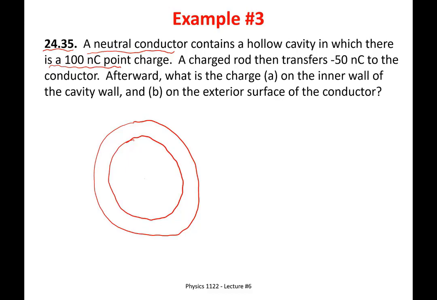And we have placed a point charge in the center of the hollow cavity, which has a positive charge, and I'll write that as Q1, because there'll be two different charges here, and Q1 is equal to 100 nanocoulombs.